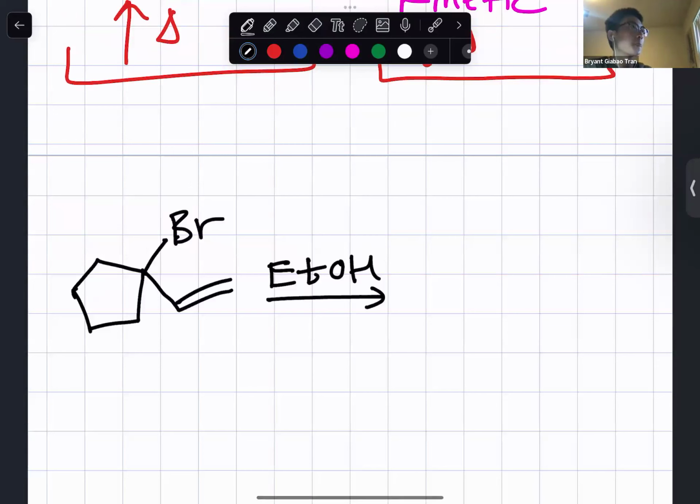And also, label your product as either thermodynamic or kinetic, because we're gonna get two different products depending on the temperature.